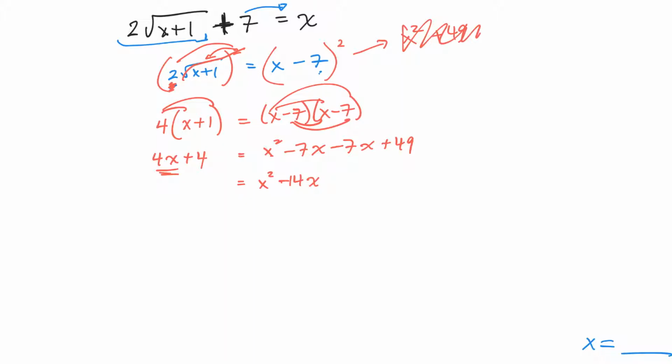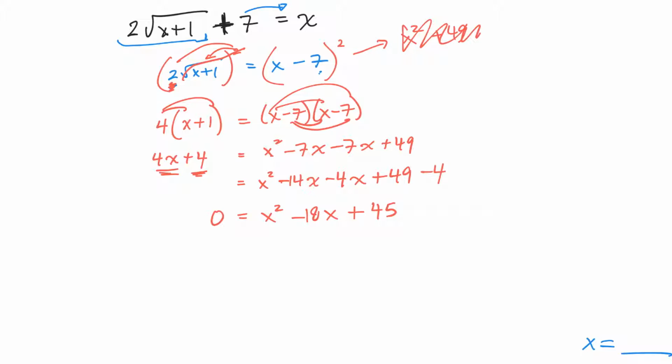Then if I bring this over, it'll become a minus 4x. I have a plus 49 already there. If I bring this over, it'll be a minus 4. So I'll have 0 is equal to x squared minus 18x plus 45. Is that right? I think so.